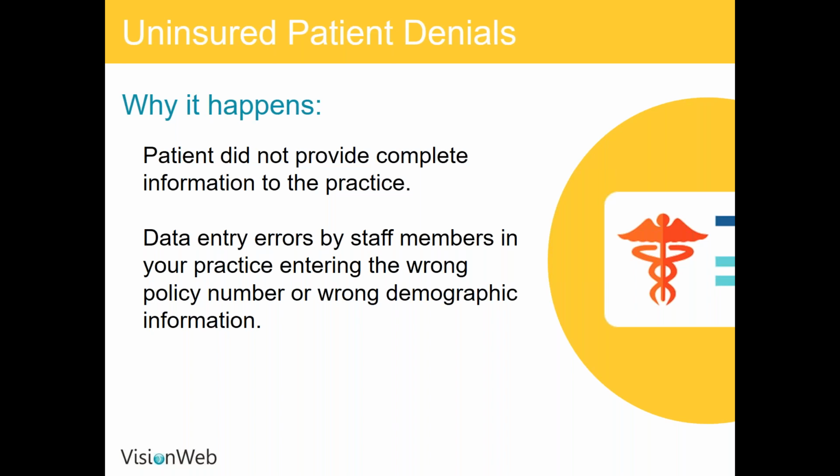You have to tread carefully here, because they may or may not be 65. But if you ask, do you have Medicare? I've noticed a lot of times they say, oh yeah, I have Medicare. So I don't understand that distinction and perception of it, but that's what I've found.